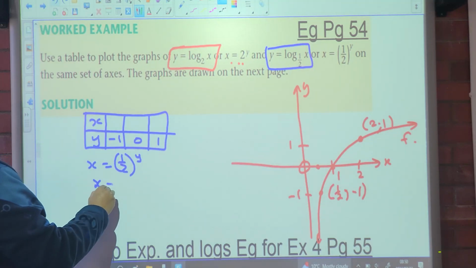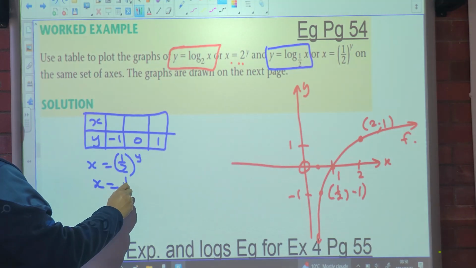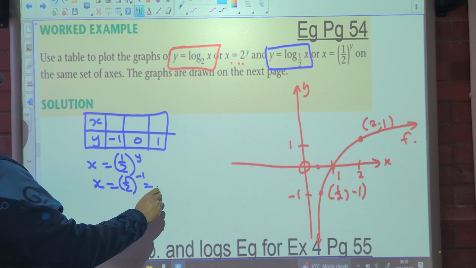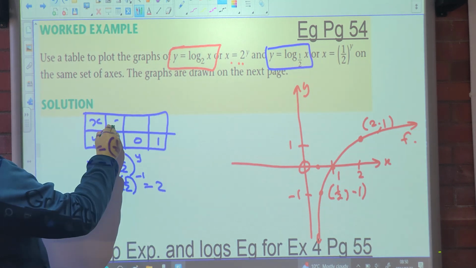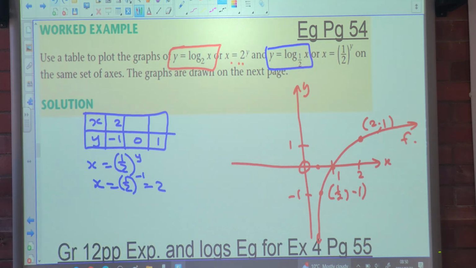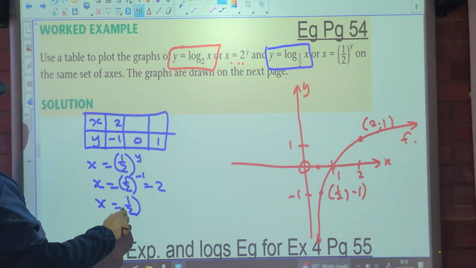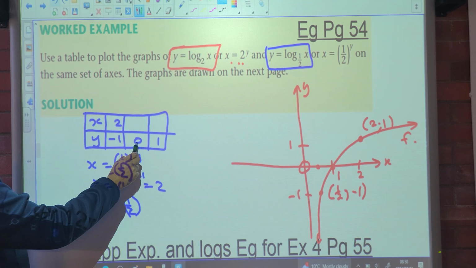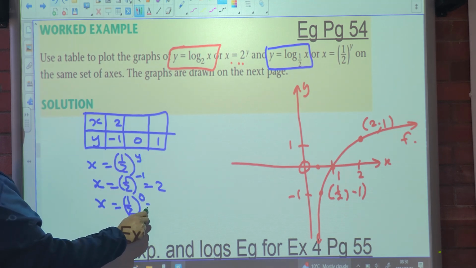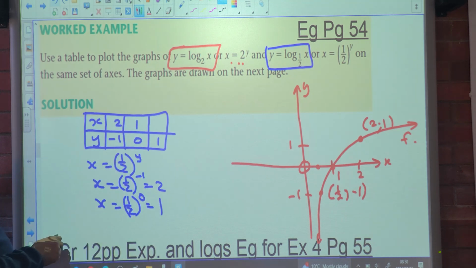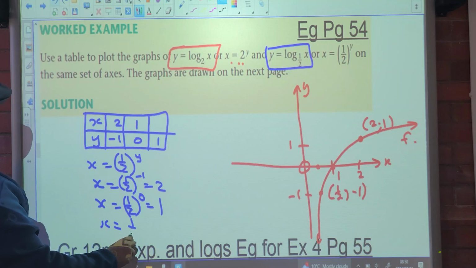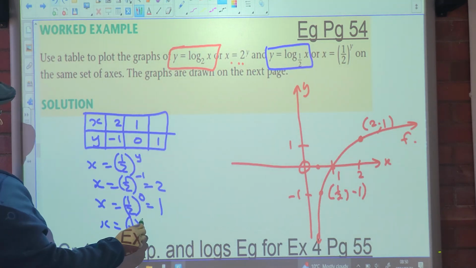So if y is negative 1, it will be half to the negative 1, which is 2. You all agree with that? So we say x is equal to half to the, what is y now? 0. And half to the 0 is? You got the half to the 1, which is?